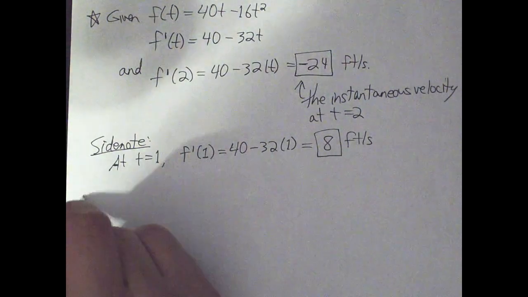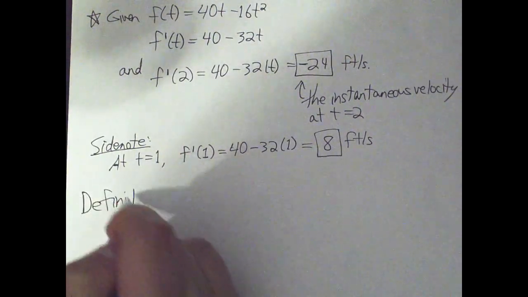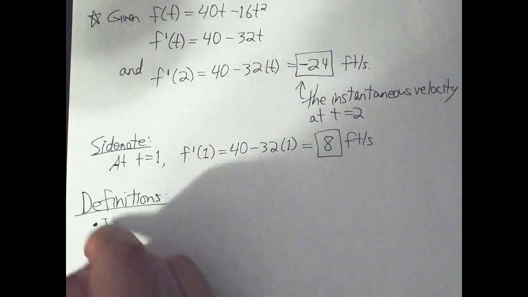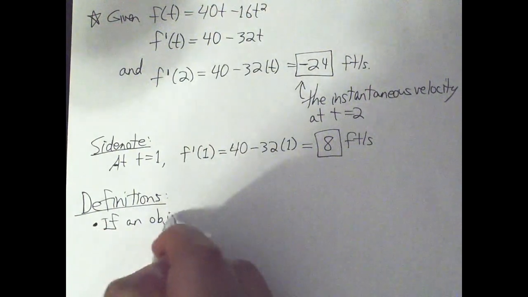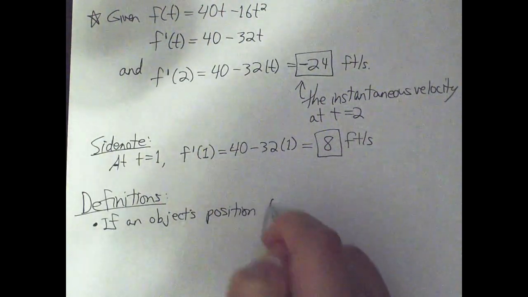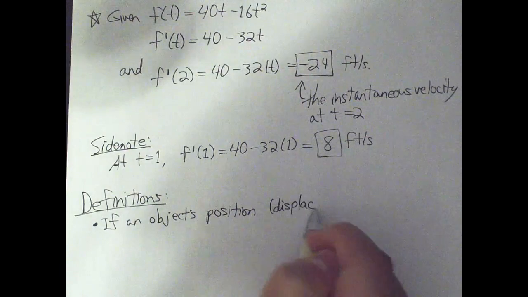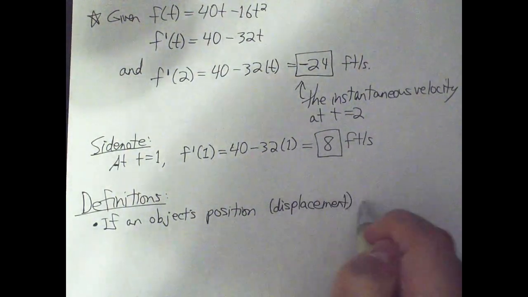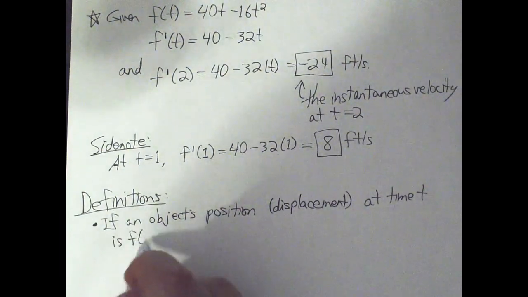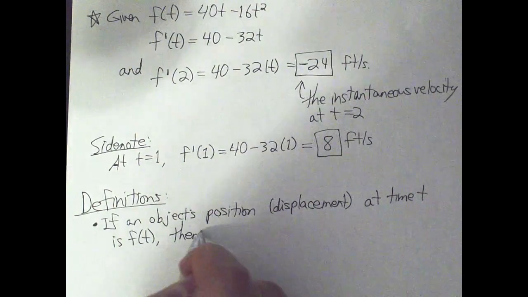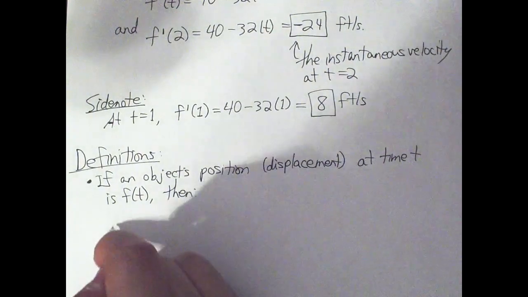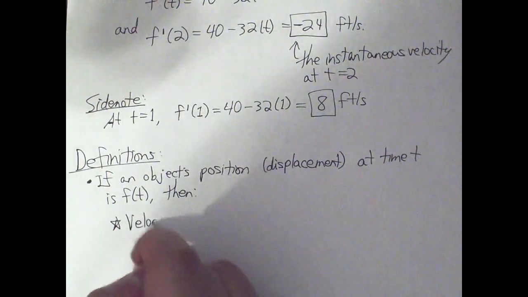All right, let me give you some definitions here. We want to be able to look at other problems besides just this one. So, definitions. If an object's position, which is sometimes known as displacement, at time t is f of t, then we're going to say velocity.